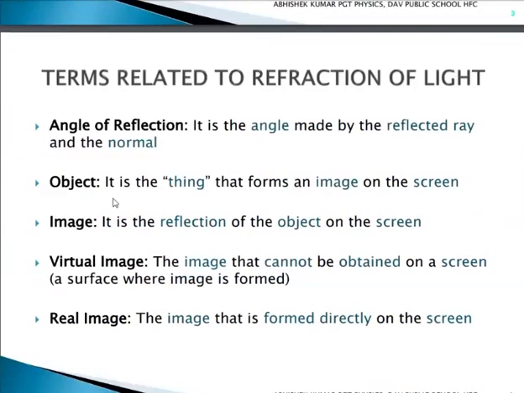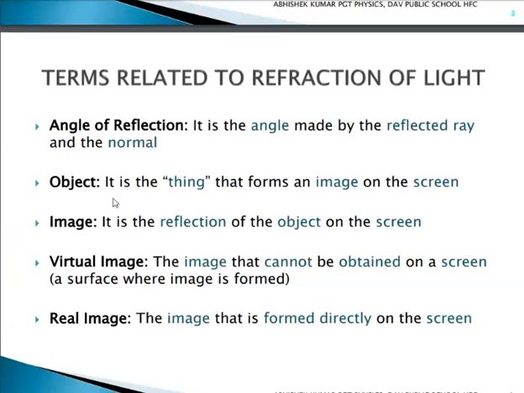Now, next thing is the object. What is an object here? Because you know that in order to complete the vision process, there must be a source of light, there must be an object, and there must be a device that can receive the reflected light from the object, interpret it, and give the output as what type of object it is.